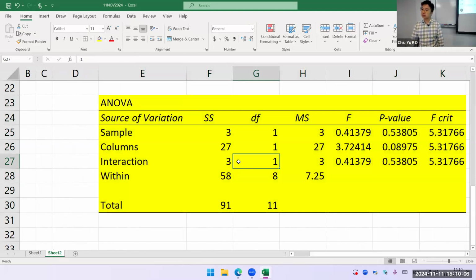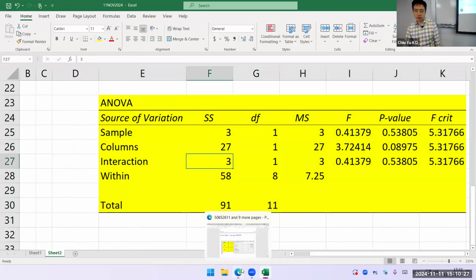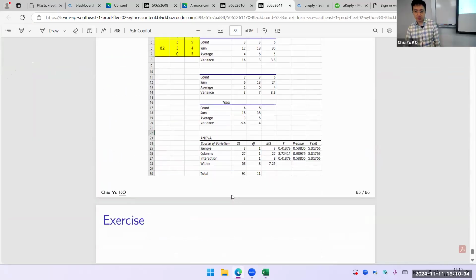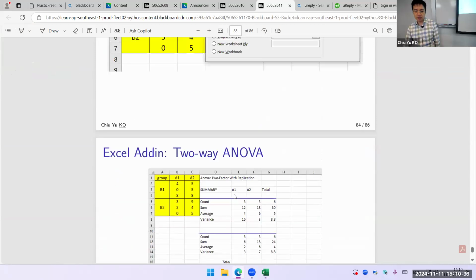Okay, and so this is SST, right? And this is SSE, right? And this SSAB, right? And this little bit, yes.